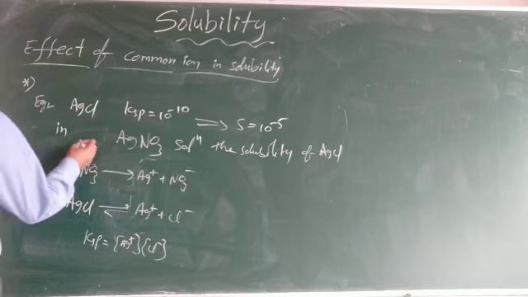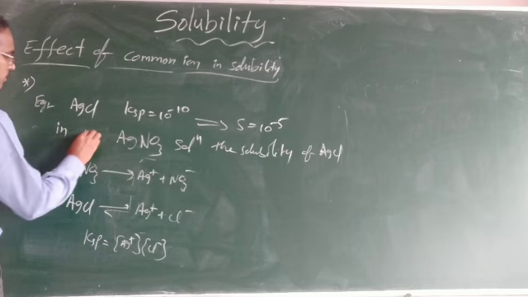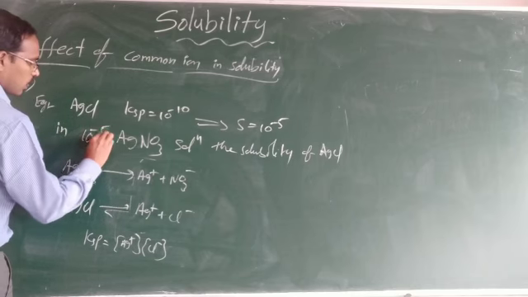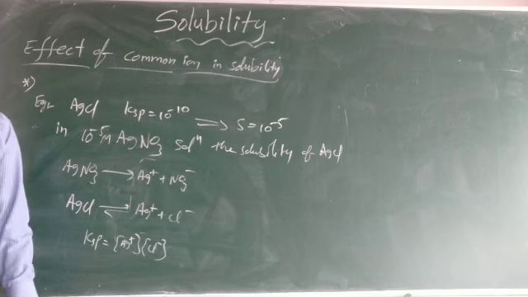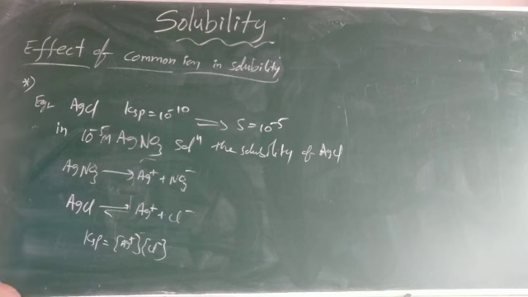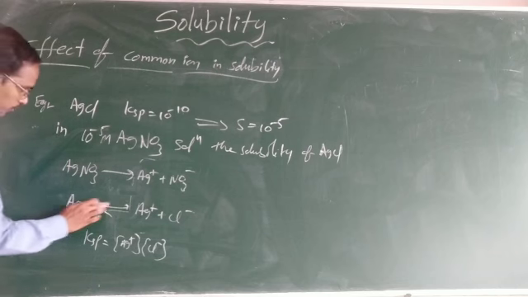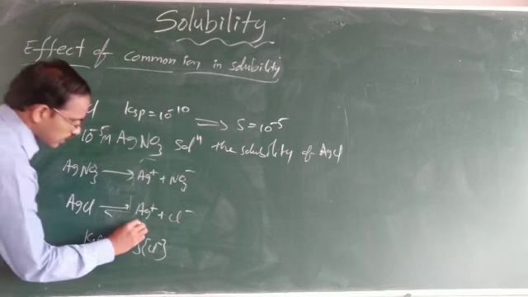Now I take the concentration 10 power minus 5 M AgNO3 and add it to the AgCl solution. Now what will be the solubility? See here, at that time the AgCl solubility was 10 power minus 5.